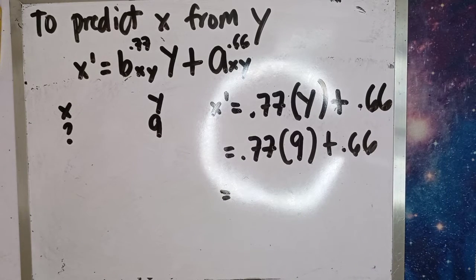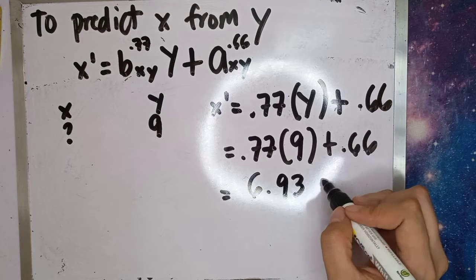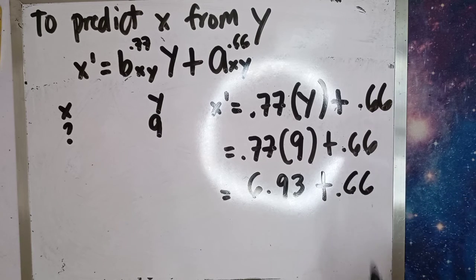Okay. So, ano ang lalabas kapag minultiply natin yung 0.77 sa 9? Ang lalabas ay 6.93. Ngayon, i-add natin siya sa ating A coefficient, which is 0.66.